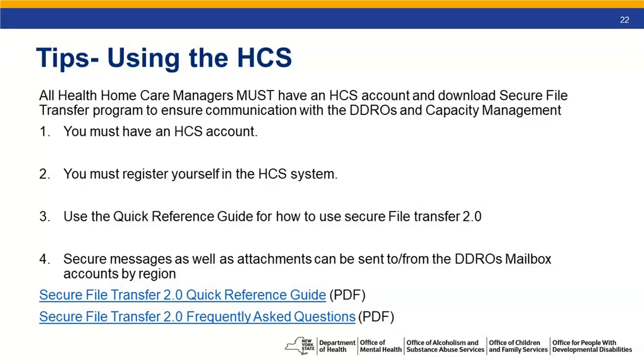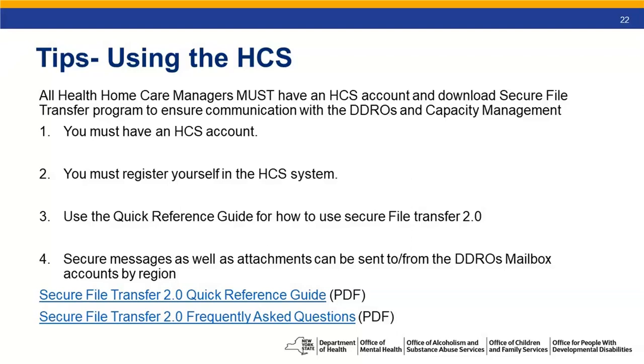And it's similar to Outlook or other email-type databases where you can do a search function. So this is how you're going to talk to capacity management and the DDROs. Everything needs to go through this secure file transfer for confidential information regarding children.